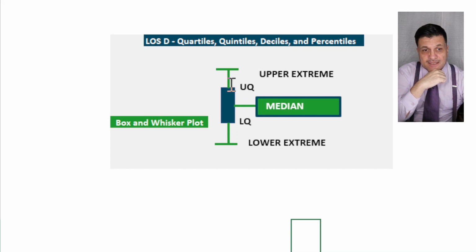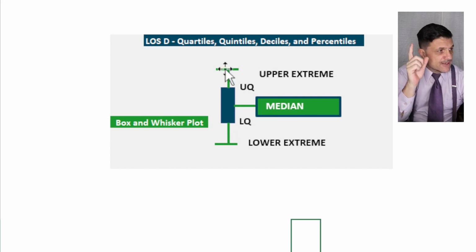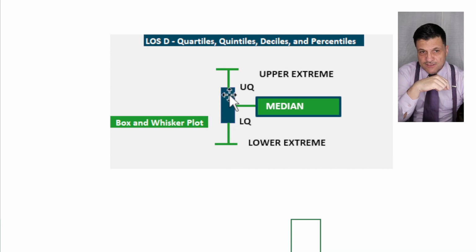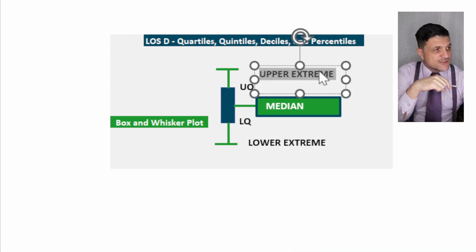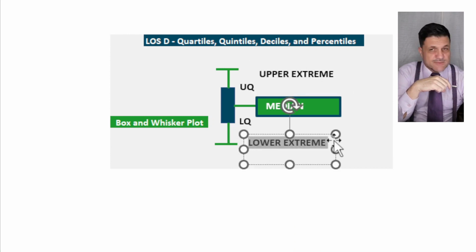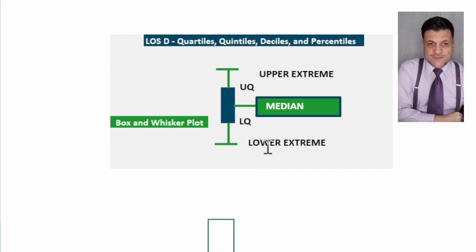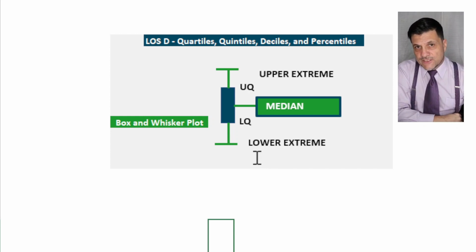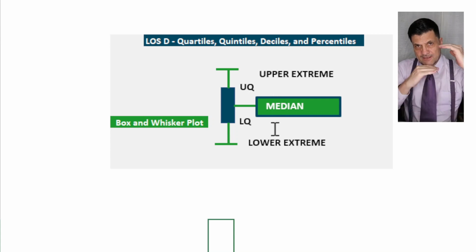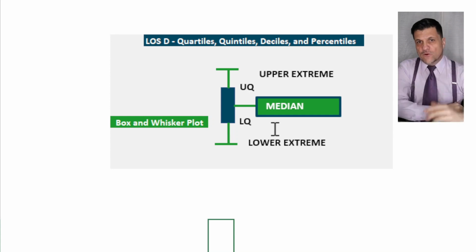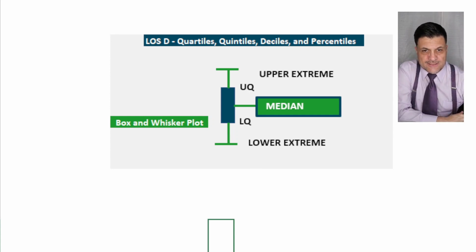And the whiskers, the green whiskers, are called the upper extreme and the lower extreme. Those are the highest value in that observation and the lowest value in that observation. If you applied Windsorization or trimming, then the upper and the lower will be assigned values. Otherwise, they will be the upper or lower extreme value collected in the data collection.